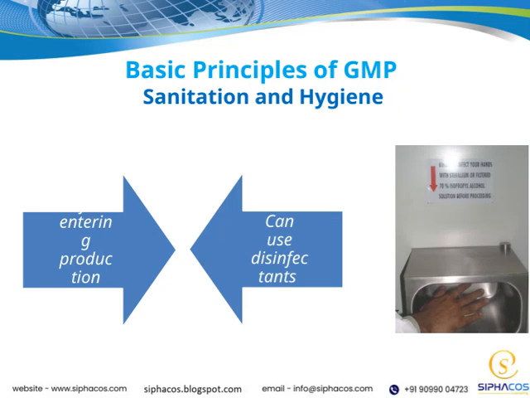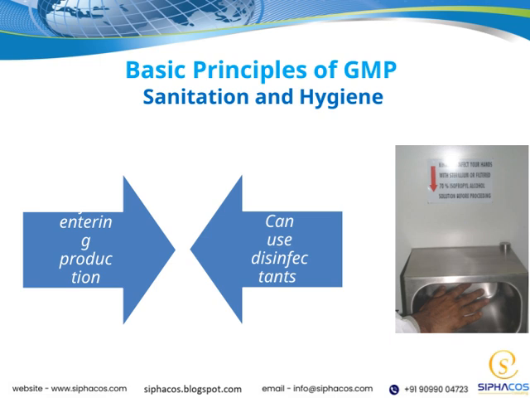Let's talk about one of the fundamental principles of GMP, sanitation and hygiene. These are crucial because they directly impact the safety and quality of the products we produce. Maintaining a clean environment helps prevent contamination from bacteria, viruses, and other harmful substances that can compromise the integrity of our products.